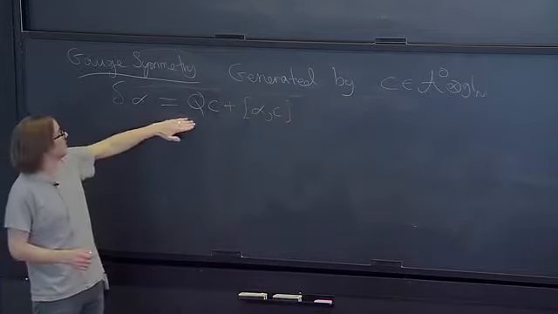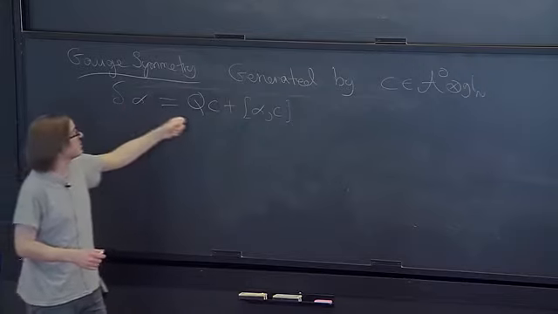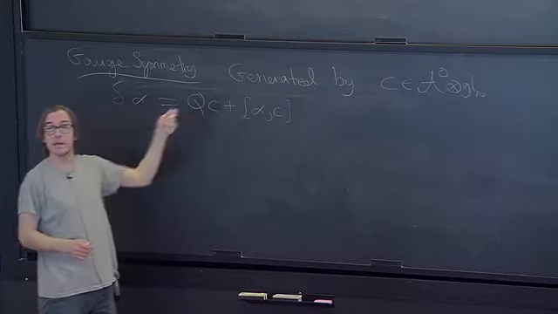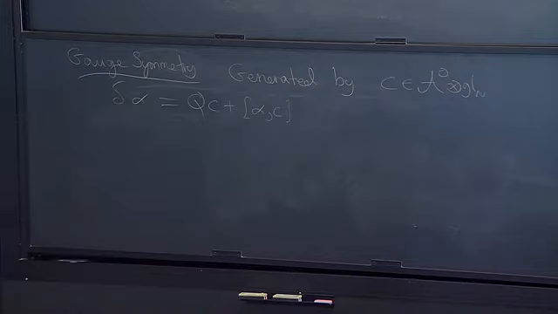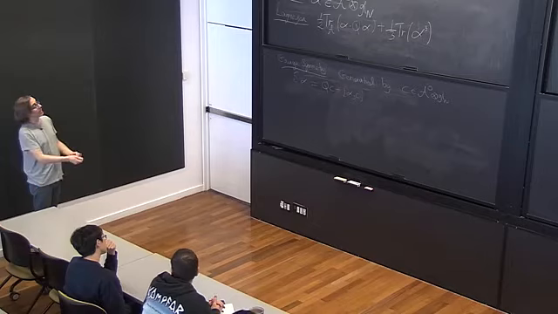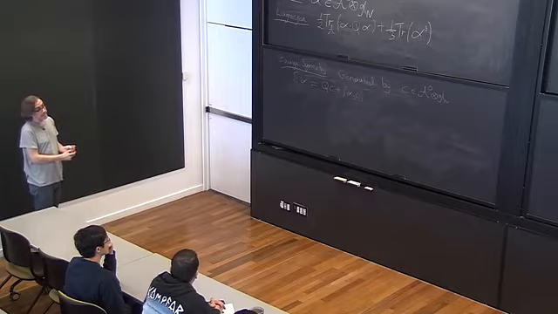So your field varies by this formula, which is the standard formula for an infinitesimal gauge transformation. Okay. This is just a little bit of formalism for how to build gauge theories.